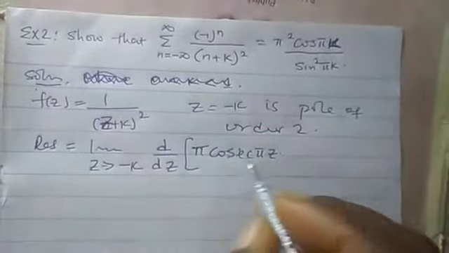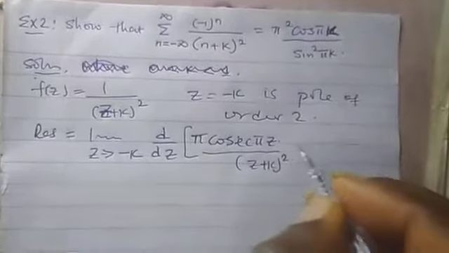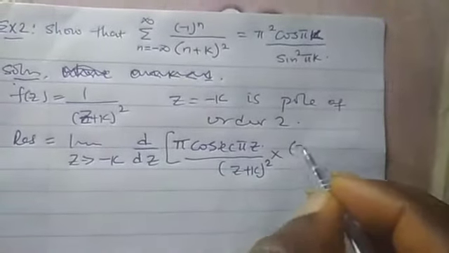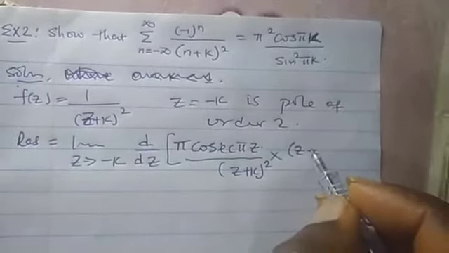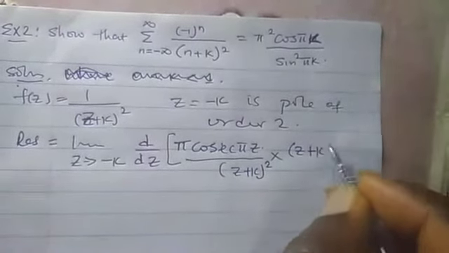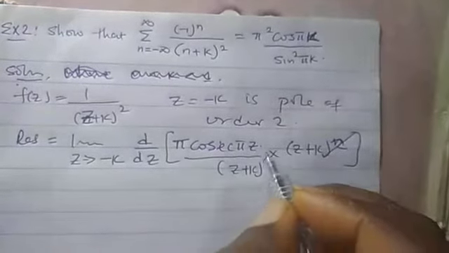This is our f of z here. This is 1 over z plus k squared. Don't forget that in the formula we still have z minus z naught raised to power n, that is z plus k raised to power n. Our n is 2. So from this place we have this.